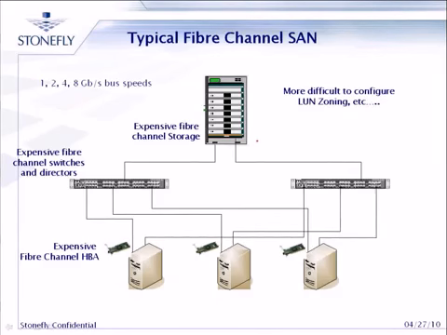Going to the Fibre Channel SAN, it provided basically a centralized storage. All these servers could get into the same storage through the switches, and you could carve up different volumes and provide them to the different servers. The reasons for the high Fibre Channel SAN prices were that it required an HBA, host bus adapter, inside each server.